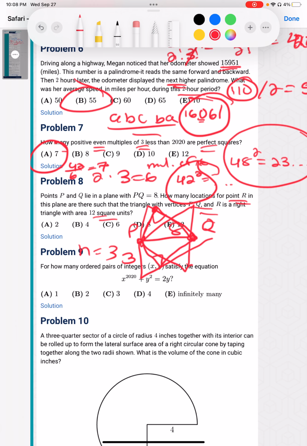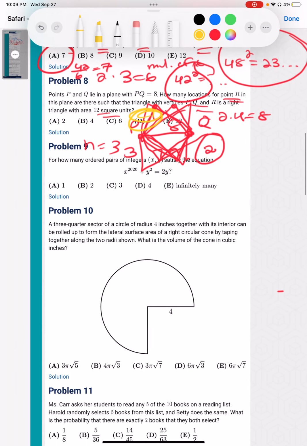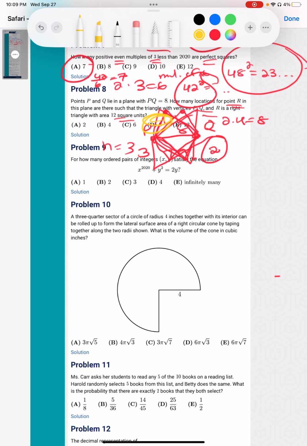And then you can have another one, something like this, also right. And so I basically have 2 for each. That's just the idea here. And that's just 2 times 4, 8. So it's going to be 8. D, sorry.